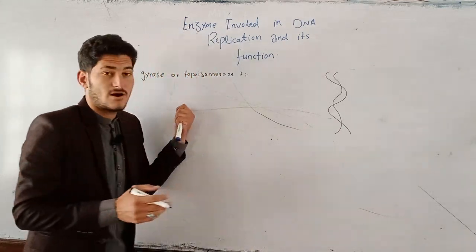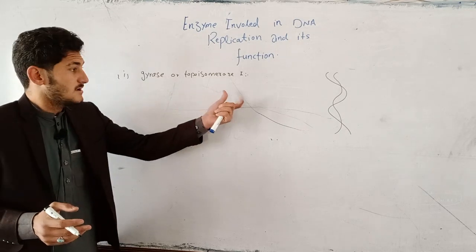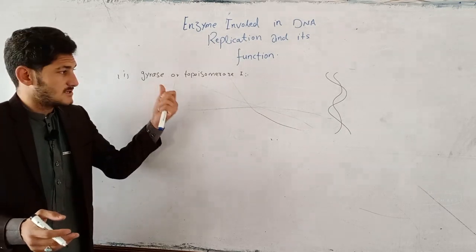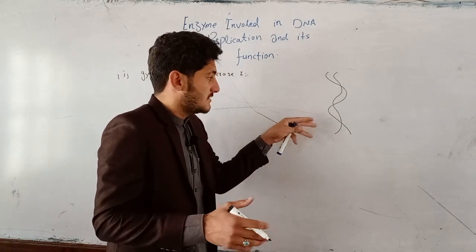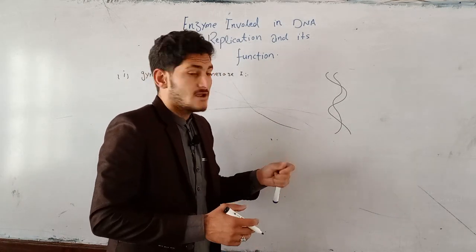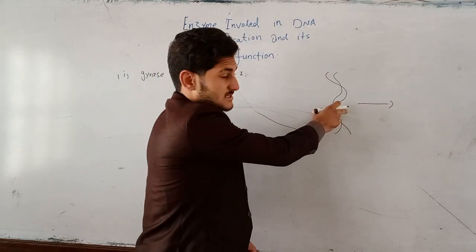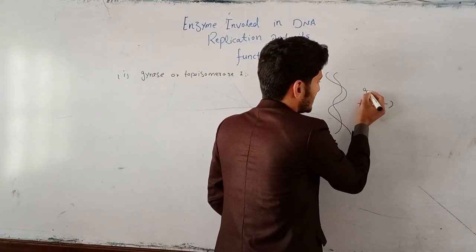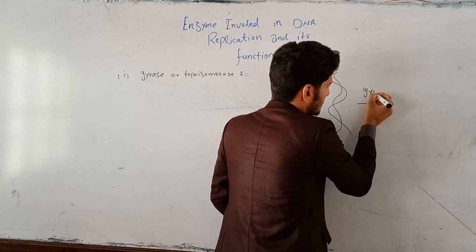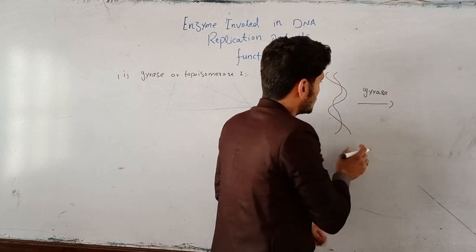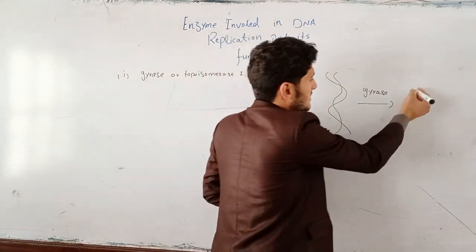So what enzyme is involved in this process? Basically the enzyme is gyrase, which converts the coiled, spherical or twisted form of DNA into a ladder shape. So gyrase converts this structure of DNA into a ladder form.